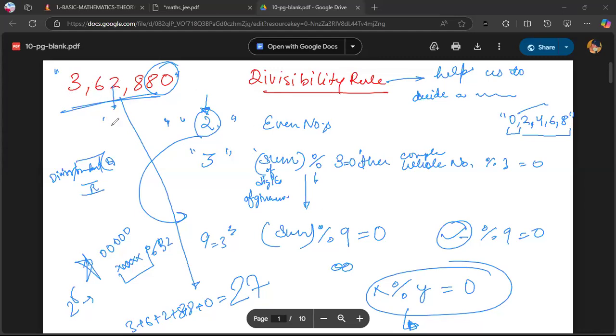So what we have checked: 2 done, 3 done, 4 done, and 8 done. How 8? If we divide 880 by 8, then it will also get divided completely, 110, right? So 8 done and 9 done. Now what is remaining? 5.